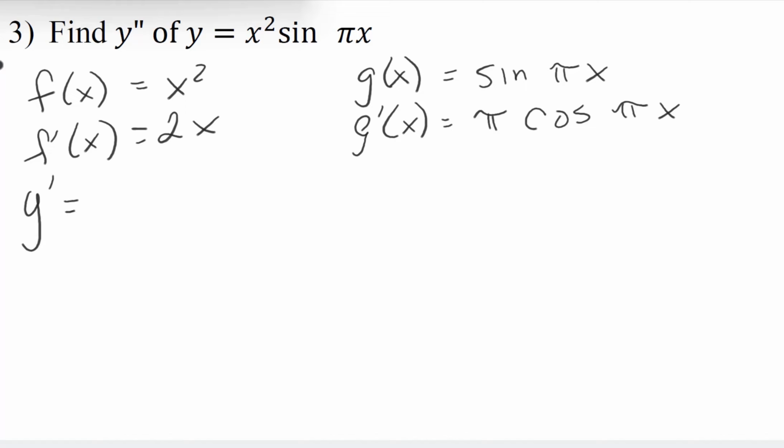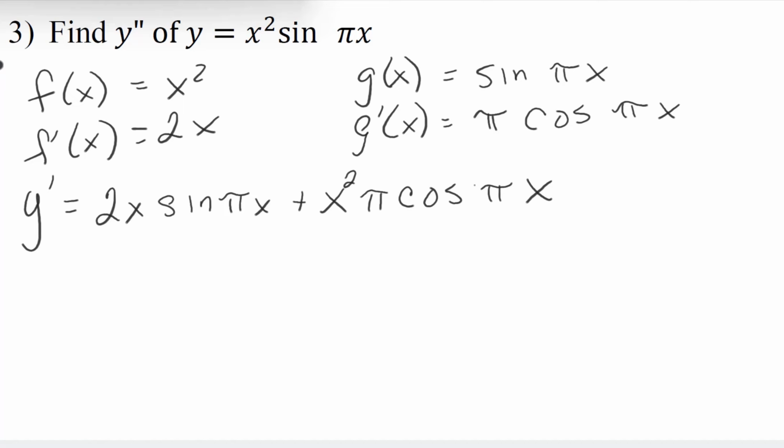So my first derivative is 2x sine pi x plus x squared pi cosine pi x. You can flip it the other way, right? You could also say cosine pi x squared.